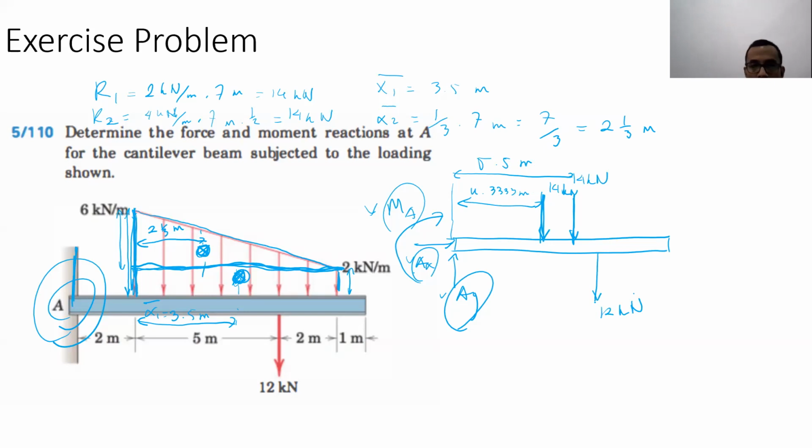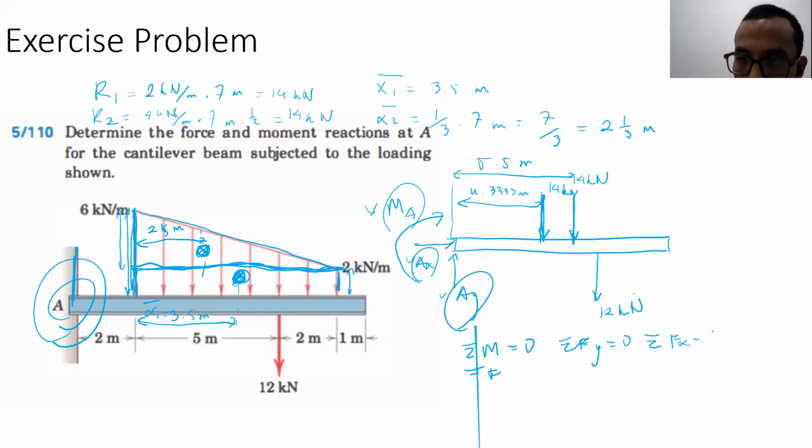Now, how many unknowns and how many equations? We have 3 equations and 3 unknowns. The equations are sigma moment equal to 0, sigma Fy equal to 0, and sigma Fx equal to 0.